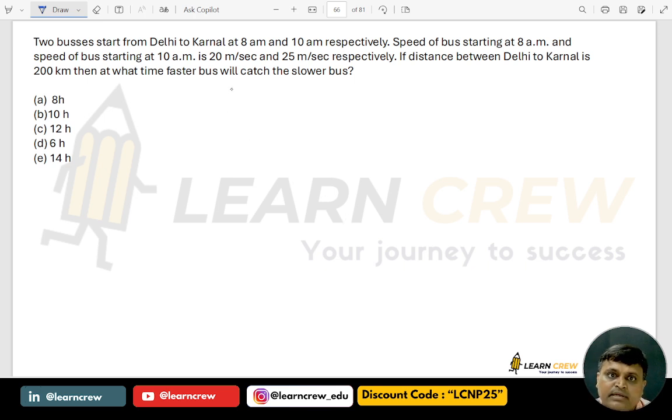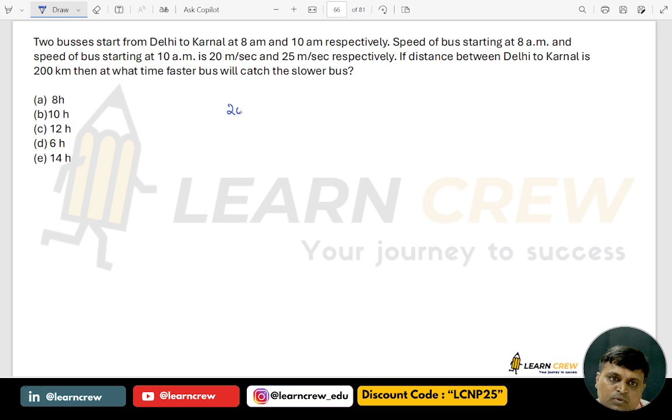So here it is given 20 meters per second, convert into kilometer per hour. Here the first bus is the slower bus, the second bus is the faster bus.